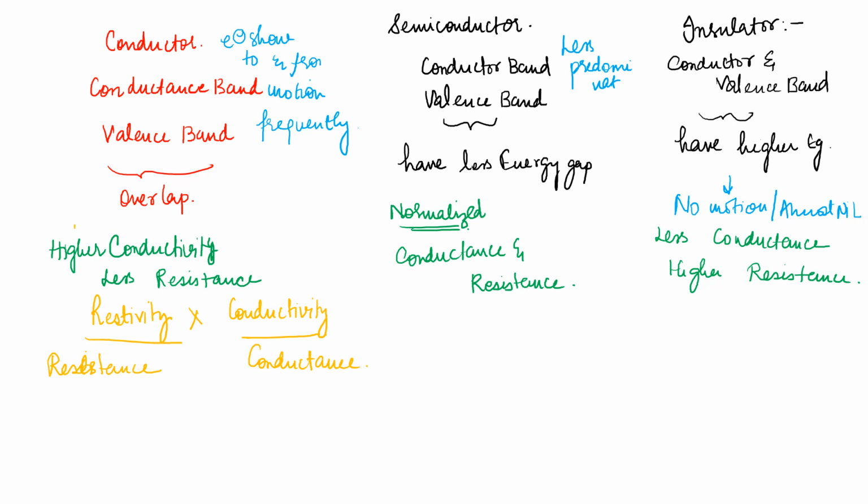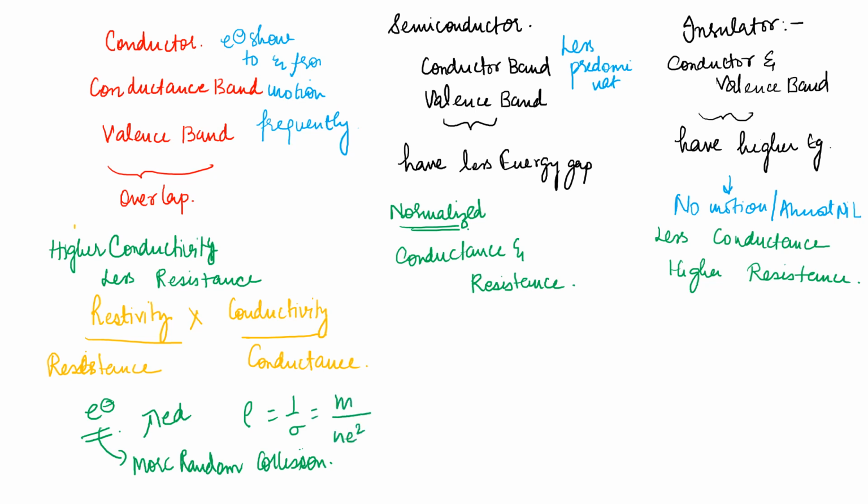Now when we see our conductors, electrons are showing to and fro motion. When temperature is increased, these electrons show more random collisions. So due to which, rho equals 1 upon sigma equals m upon N e square tau. In this case our rho is inversely proportional to tau.